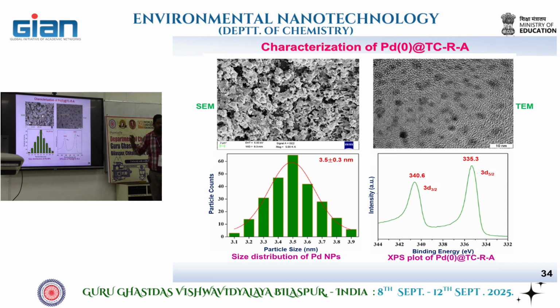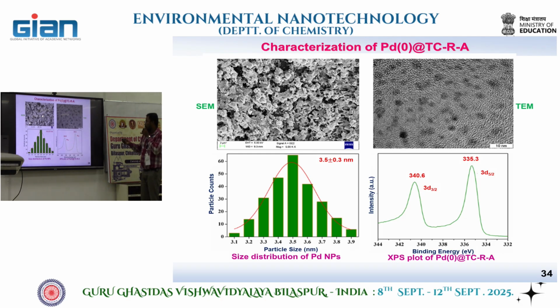So we are getting nanoparticles with controlled size. This is a very tiny size, which we can control by using a cage structure. Just simply giving the metal salt, and after reduction it is giving nanoparticles of very small size. And oxidation state also we have checked, that it is 0 oxidation state from the 3d3/2 and 3d5/2 values.